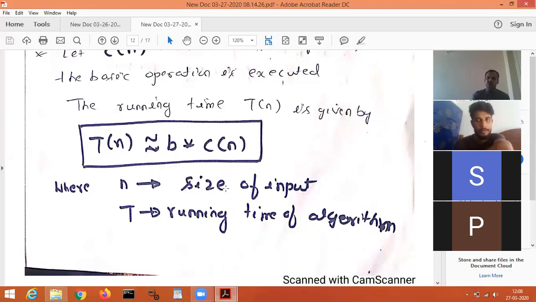This is how we can find the time efficiency of an algorithm using the basic operation. So far we have seen the basic operation, the problem, the algorithm, and the time efficiency. Another one is the space efficiency.